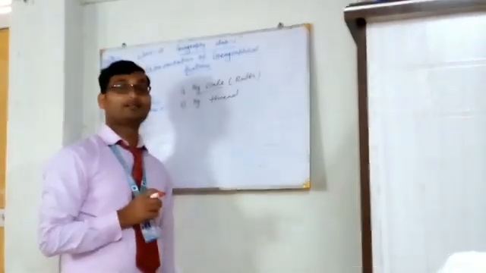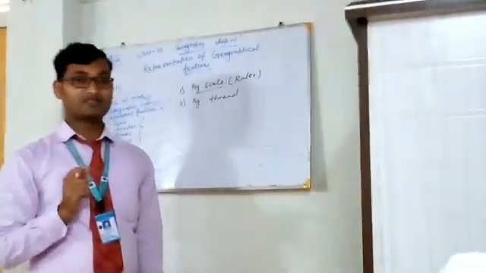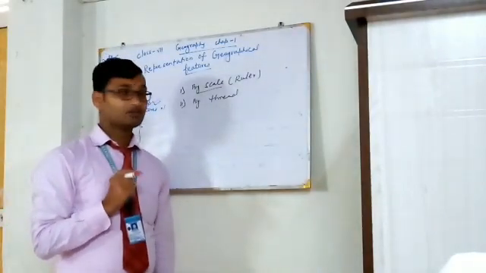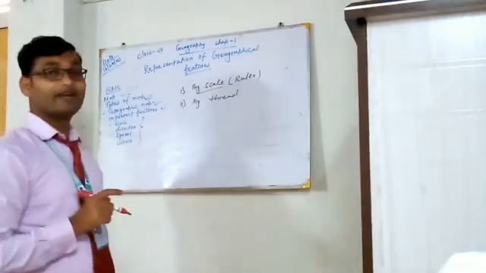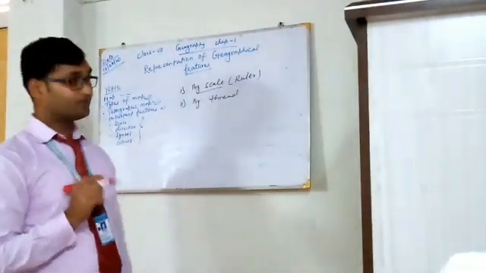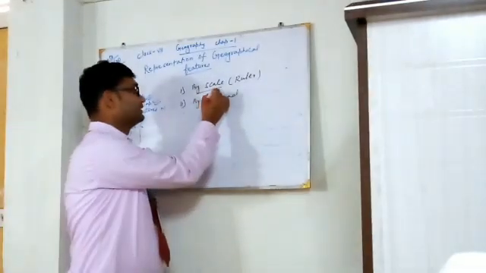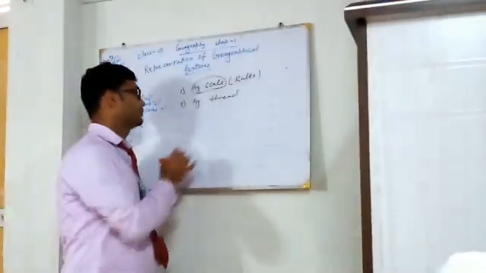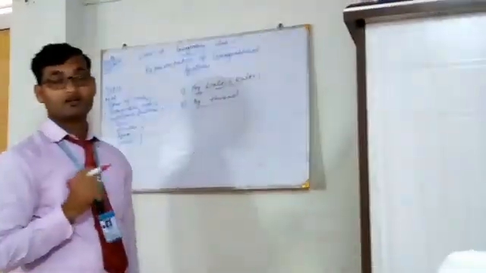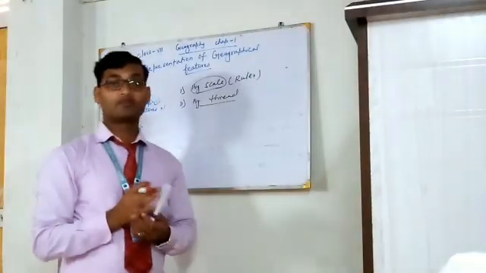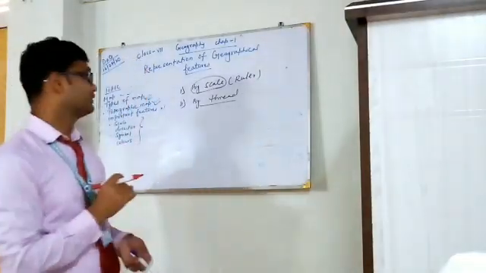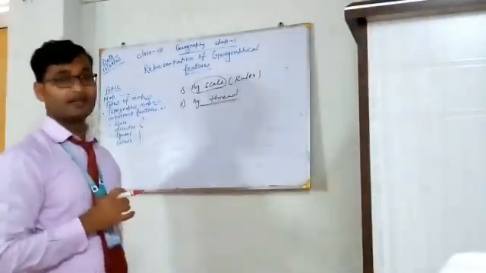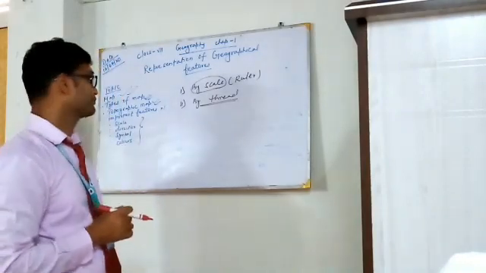Then compare it with the actual distance or the scale of the map given below the map. Then find the distance. It is measured only for the straight line. By thread, when there is a topographic map and there is a curved line, then you can measure it by the thread. Keep the thread on the curved line, then compare it with the scale.